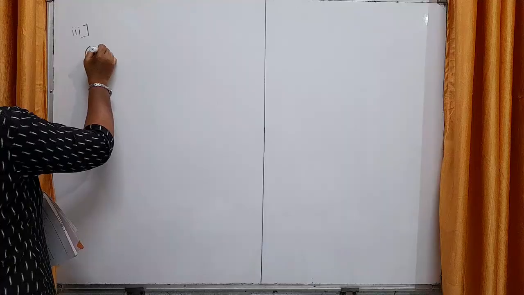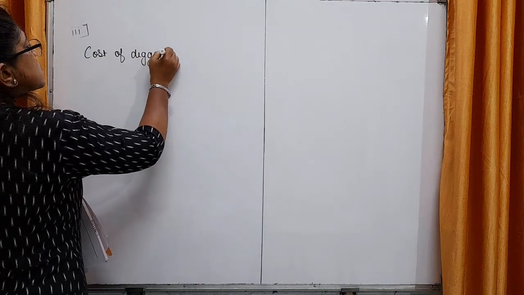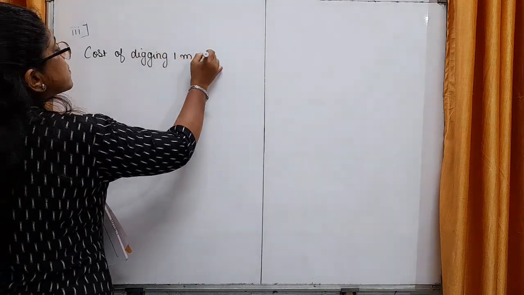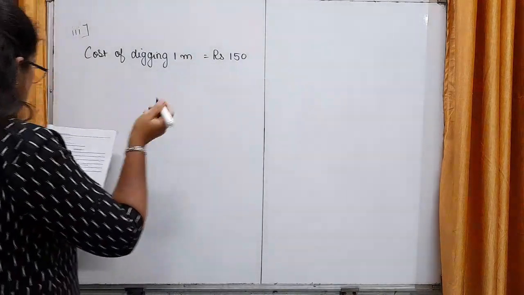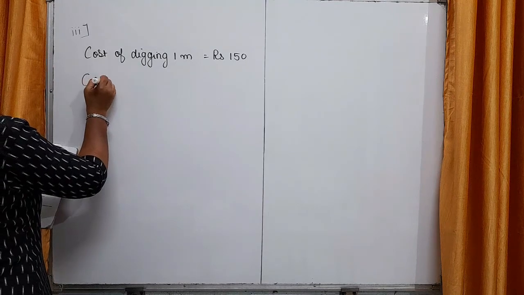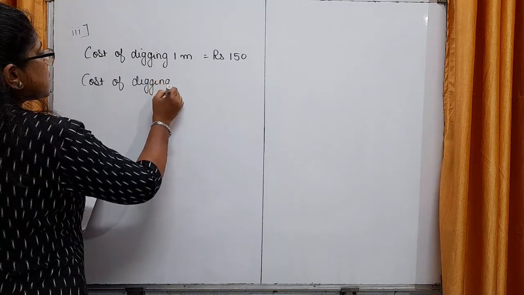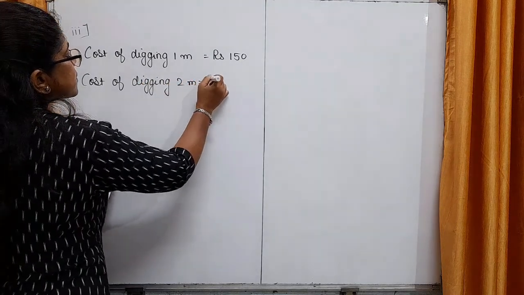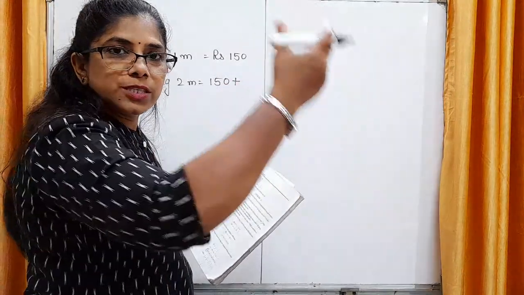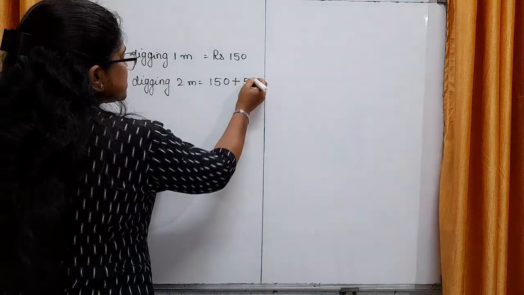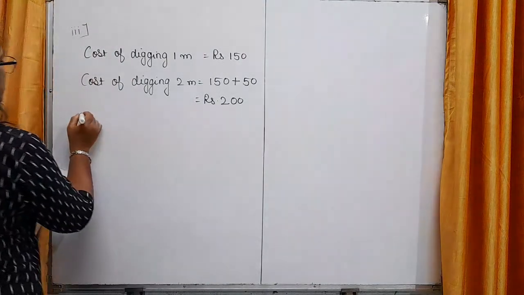Cost of digging 1 meter is rupees 150. Okay. Now next, cost of digging 2 meters is 150 plus, for every meter they are charging 50 rupees, so plus 50, rupees 200.